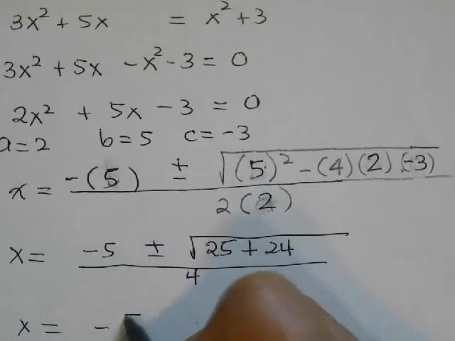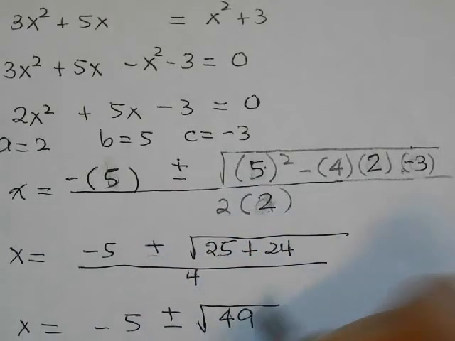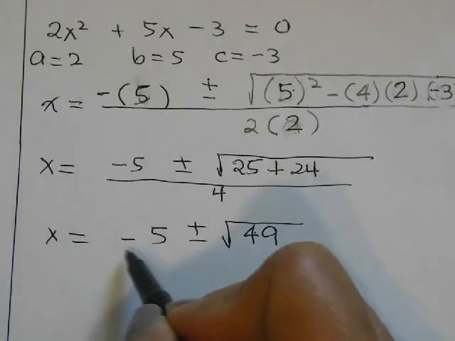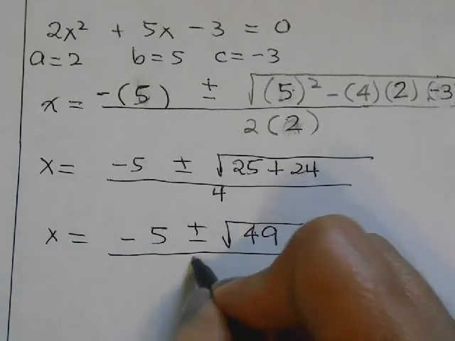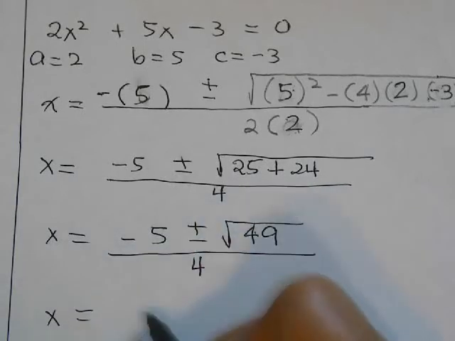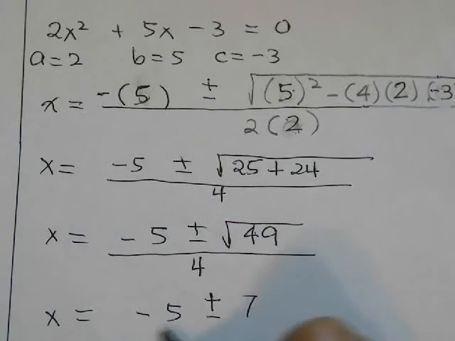Okay, again, the discriminant is positive 49. So you're going to get two answers. We said when the discriminant is positive, there will be two answers. Okay, let's simplify this. So x is equal to negative 5 plus and minus, 49 is a perfect square, 7, all over 4.